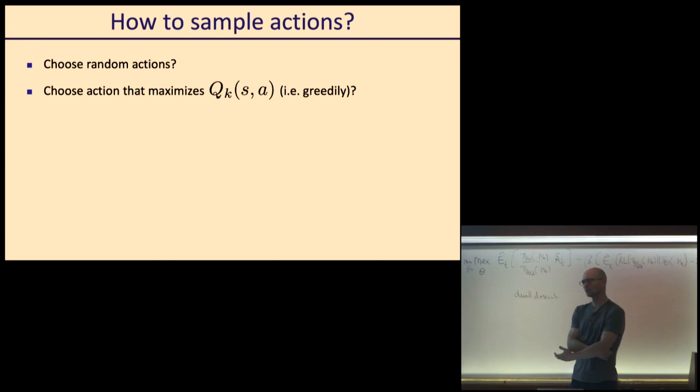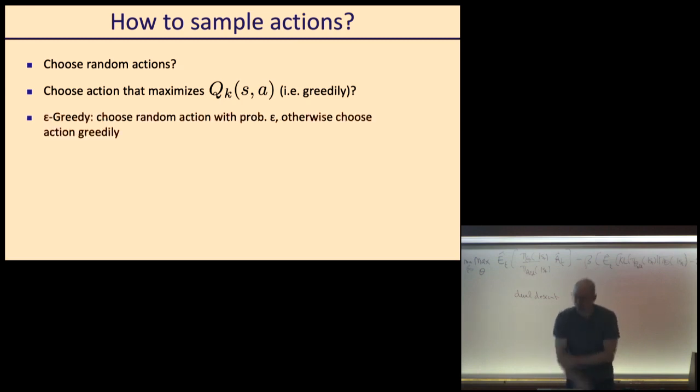But greedy isn't always the best, because maybe what you learned so far is not that precise yet. And you really should not be optimizing for reward right now. You should be taking actions that allow you to get information about other rewards you haven't learned about yet. That would be called exploration. So epsilon greedy is something where you choose a random action with probability epsilon, and otherwise you choose the action greedily.